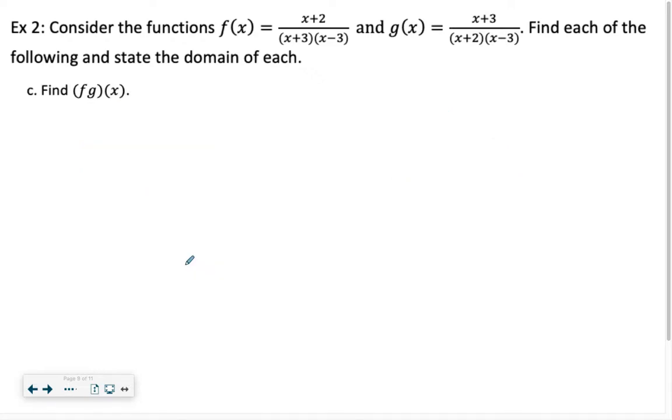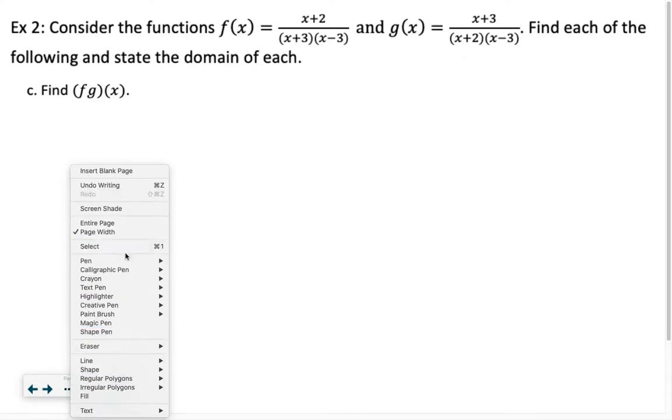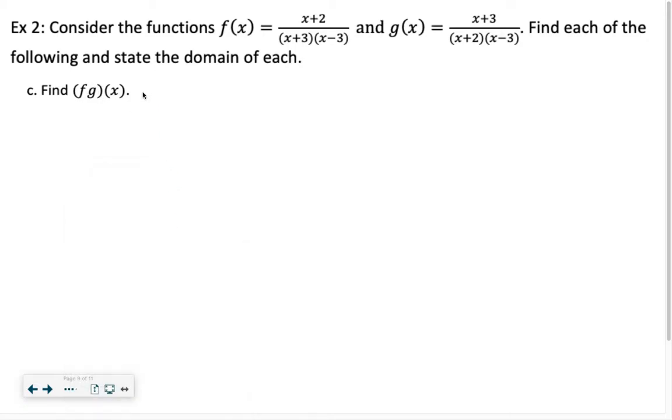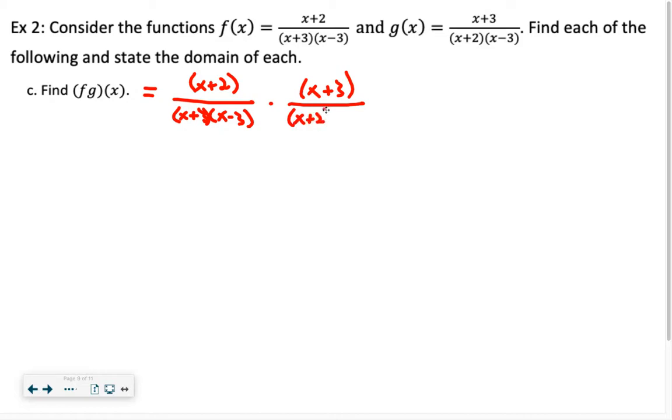All right, so I already have the factored forms up here. We don't need to refactor. So when I'm multiplying these functions together, I've got x plus 2 over x plus 3 times x minus 3, and x plus 3 over x plus 2 times x minus 3.